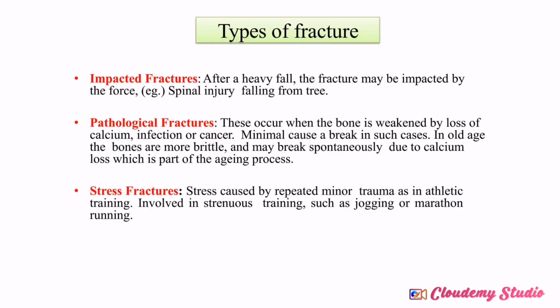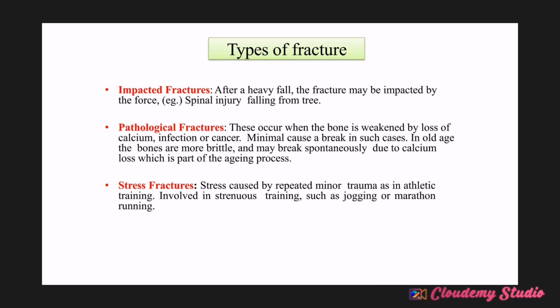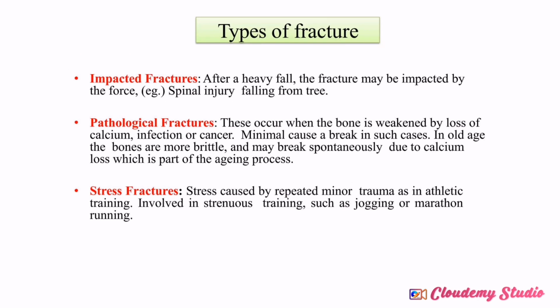Okay, so let's move a bit. Types of fracture. Impacted fracture is another type of fracture. After a heavy fall, the fracture may be impacted by the force, such as spinal injury or falling from a tree.